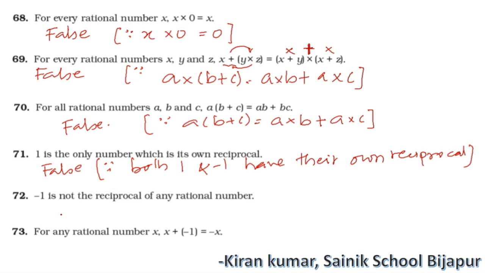Statement number 72. Minus 1 is not the reciprocal of any rational number. This statement is false.